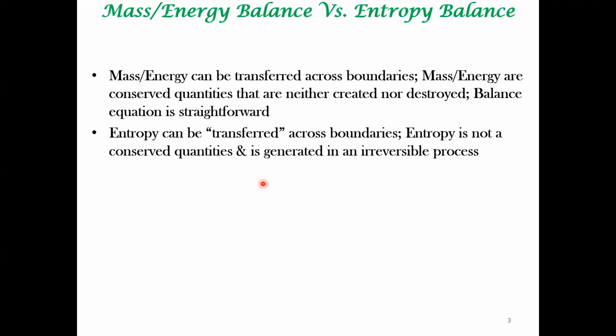We emphasized quite a lot that entropy is not a conserved quantity, and it is generated in irreversible processes. And what is challenging is that all the real processes that you see are actually irreversible processes. So how do we deal with such a scenario?